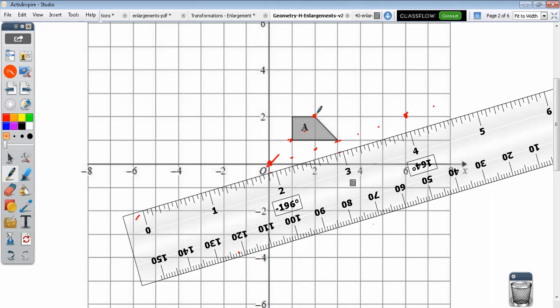So it's going to cut across how many? 2 times 2 is 4. So 1, 2, 3, 4 to come there. Makes sense? Then for this one, we can use a ruler, but I want to show you that we can do it without a ruler.